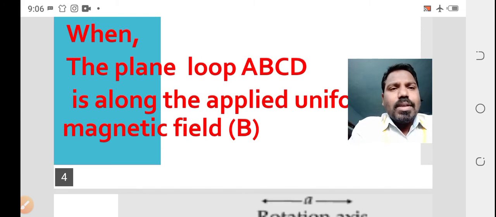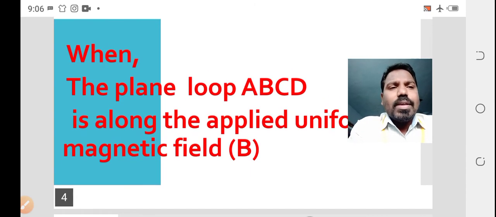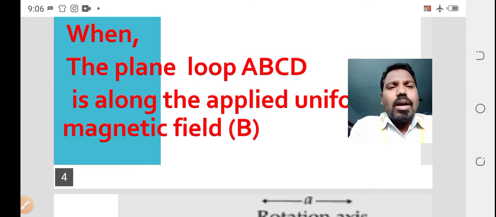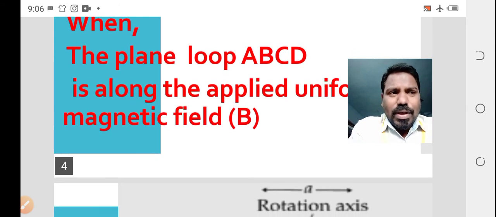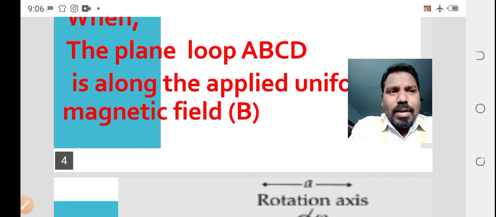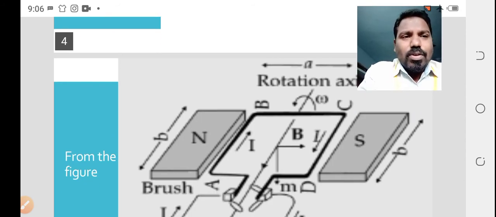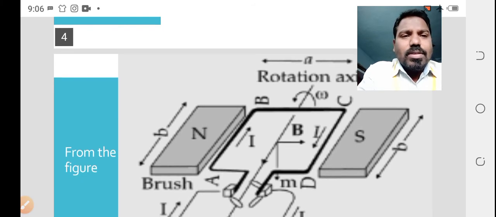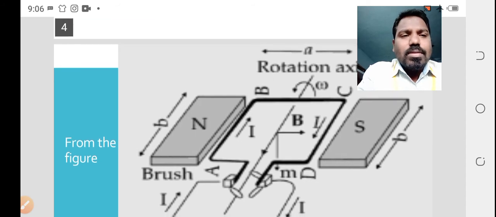When the loop ABCD is along the applied uniform magnetic field, you can see the structure of the rectangular loop ABCD placed between the magnetic poles, the north pole and south pole. The length of the rectangular coil is L and its breadth is B.